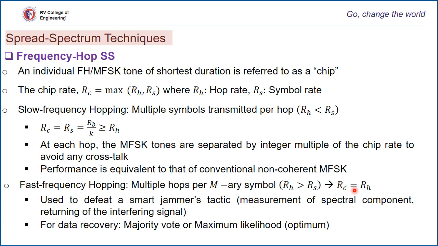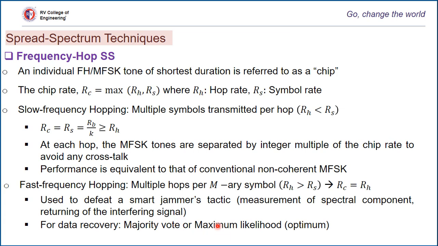For data recovery, for demodulation at the receiver, non-coherent detection can be used. However, the detection procedure is quite different from that used in a slow FH MFSK receiver. In particular, two procedures may be considered. One could be based on a majority vote, where separate decisions are made on the K frequency hop chips received, and a majority estimate can be used to detect the actual frequency at that particular symbol duration.